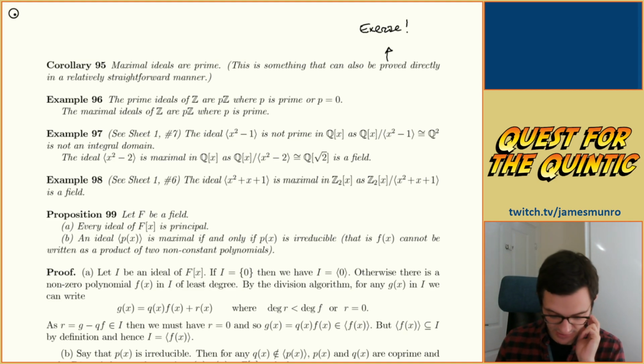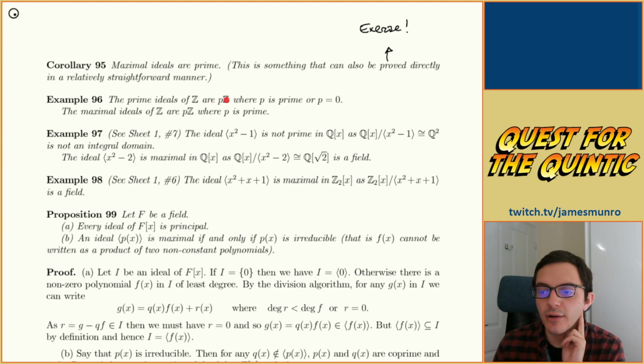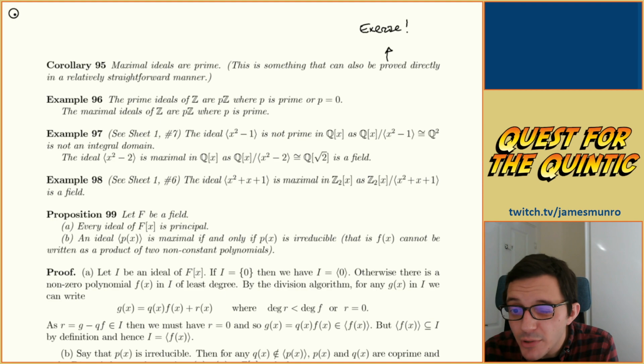The prime ideals I've said are prime multiples. They've got that property that if 5 divides a product, then 5 divides A or B. Maximal ideals are also prime. Hang on, but not where P is 0, because that would just be the 0.